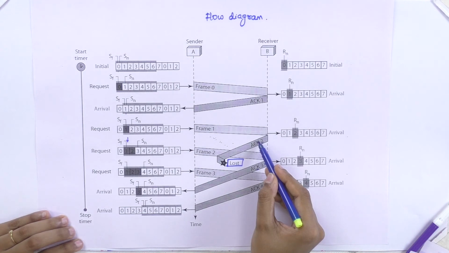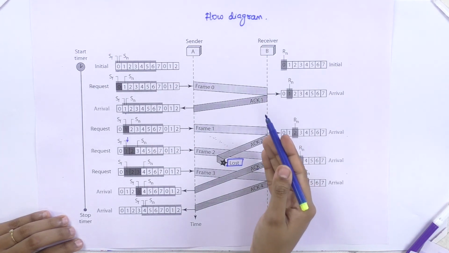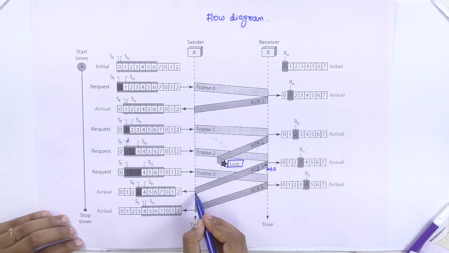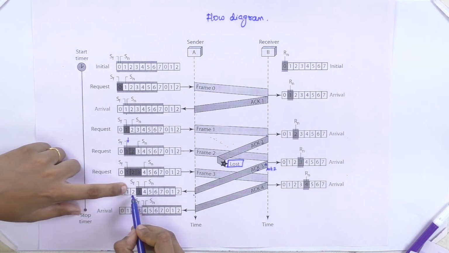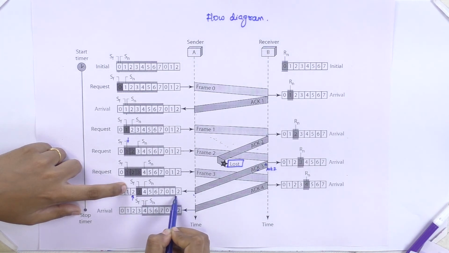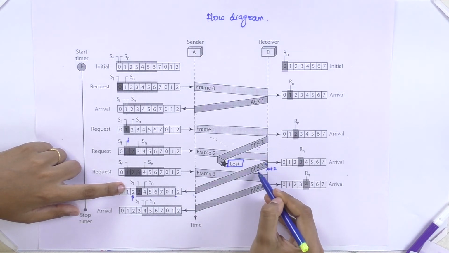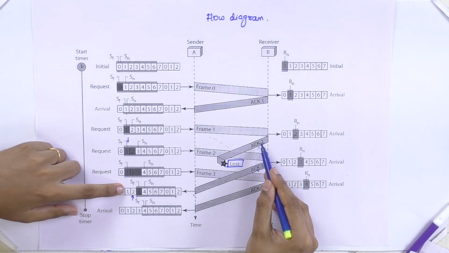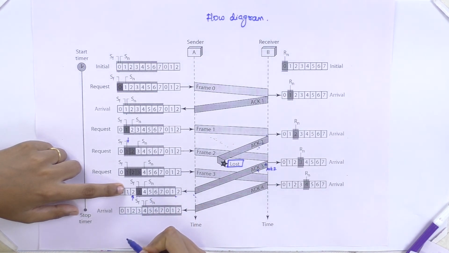So whenever a lost acknowledgement is followed by the acknowledgement of the next frame, it carries the acknowledgement of the previous frame as well. On receiving it here, you can see that the second portion is acknowledged and the window has moved. So whenever an acknowledgement is lost and the next acknowledgement arrives, it cumulatively tells that frame 2 has also arrived.